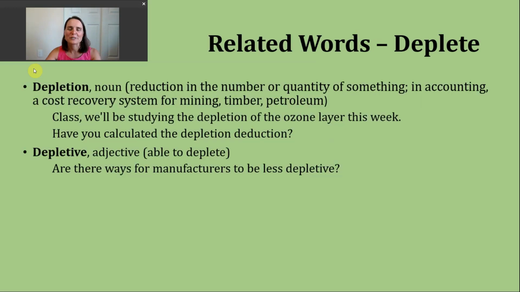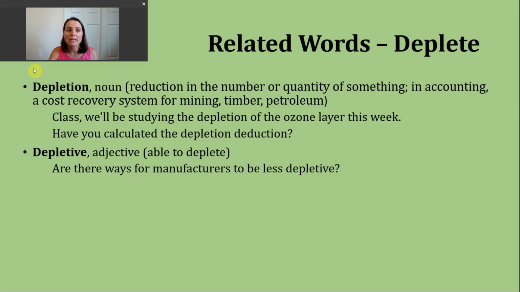Now, let's spend just a couple minutes looking at some words that are related to our verb deplete. The first word we're going to look at is the noun depletion. This can have a couple different meanings. One is to just refer to the reduction in the number of something or the quantity of something.